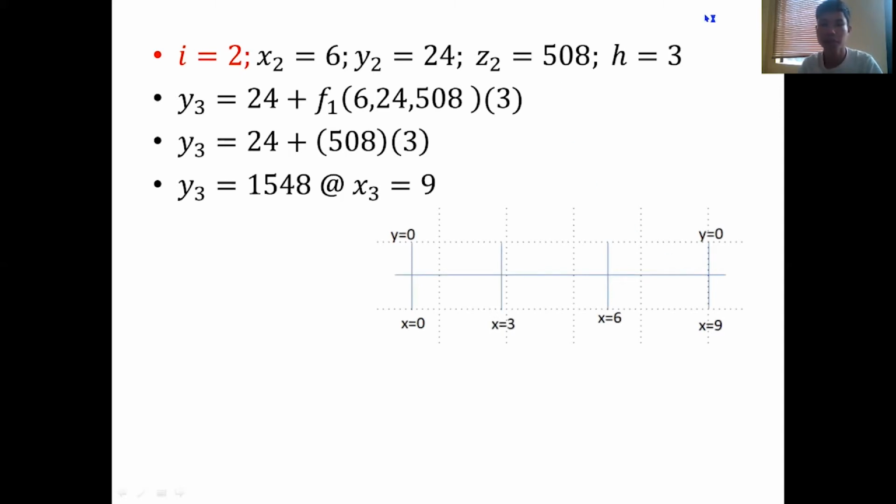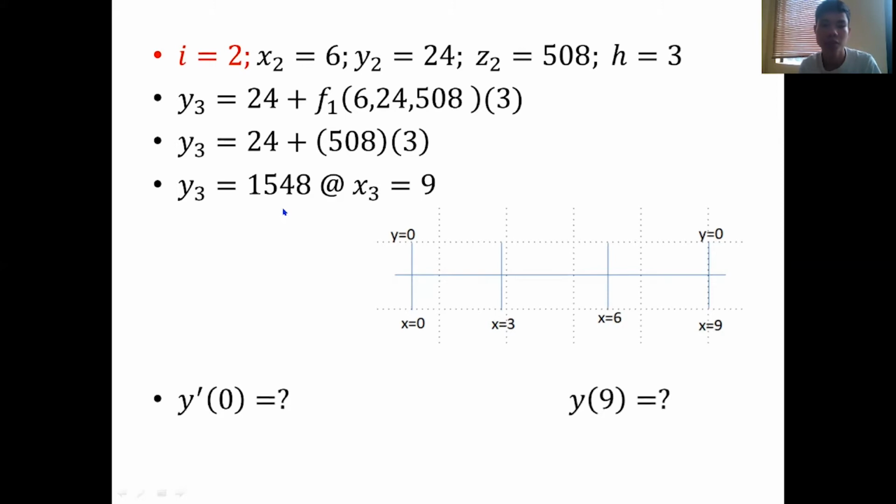As you can see, we already obtained the value of y at x equals 9, and this is our first shot. Our first shot results in y equals 1,548, which is far from the exact point we want to hit, where y must be closer or equal to 0.